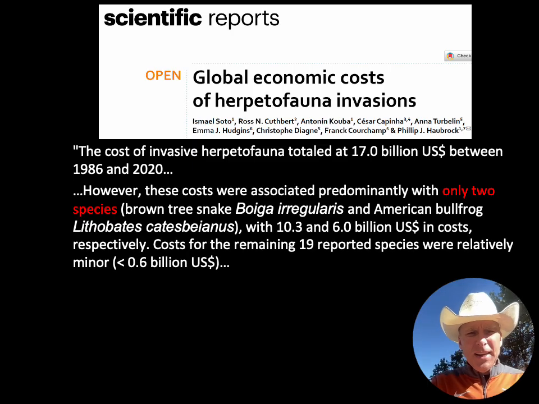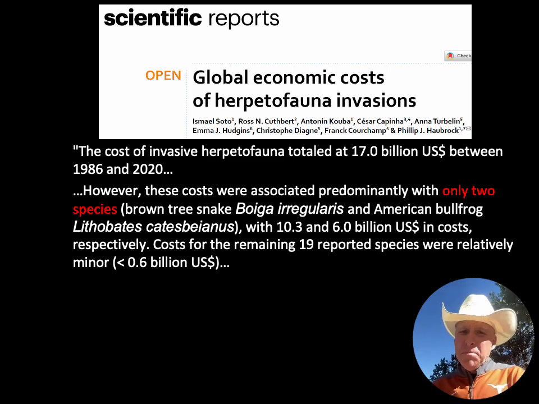However, when they were counting it up, it's really for just two species. Boiga regularis, where the cost is on that island, and then the bullfrog. And after that, the rest of it really isn't so much.